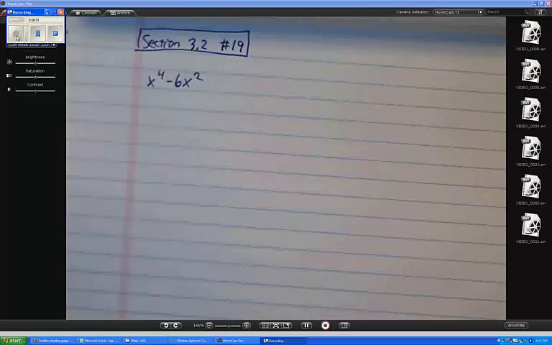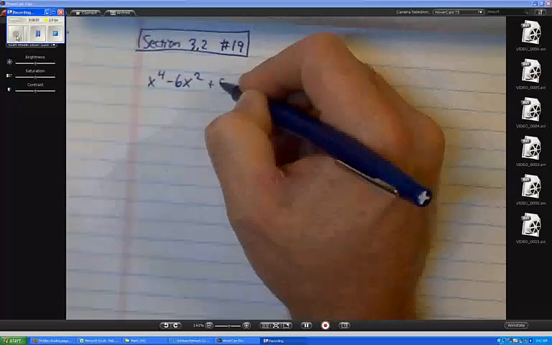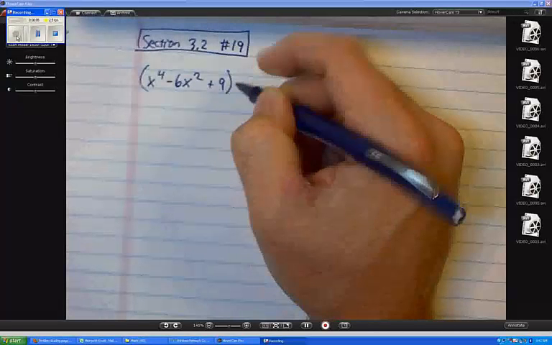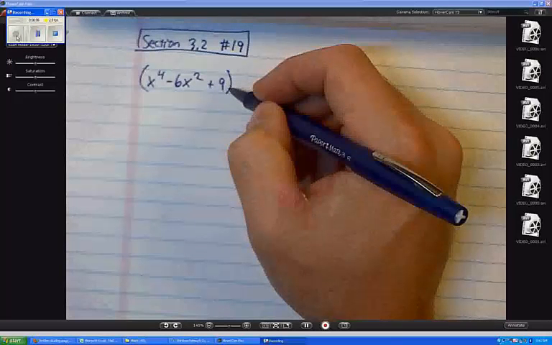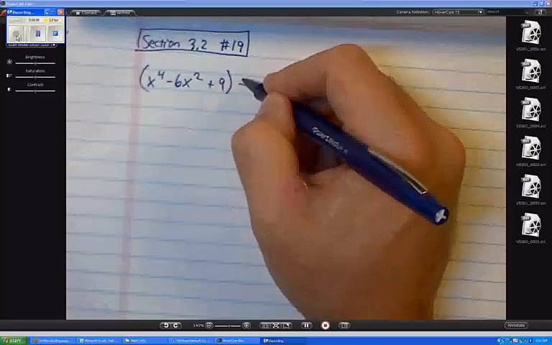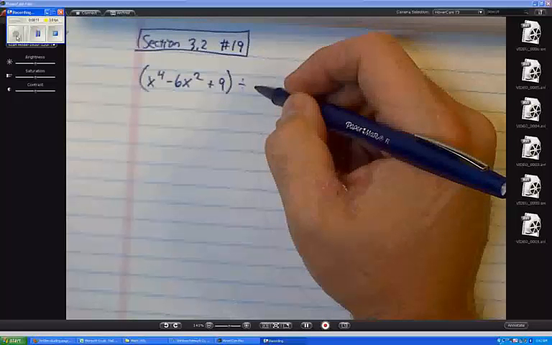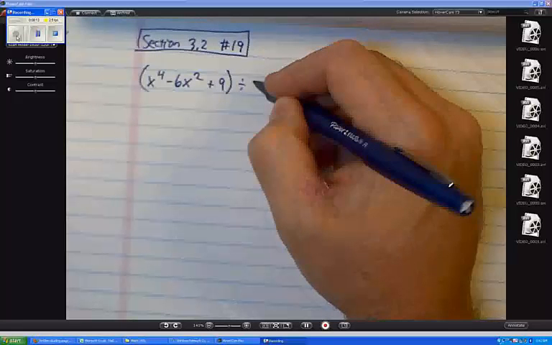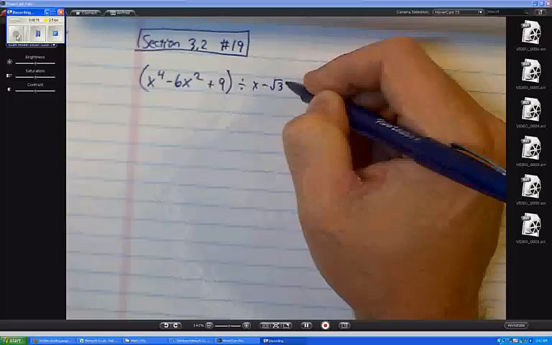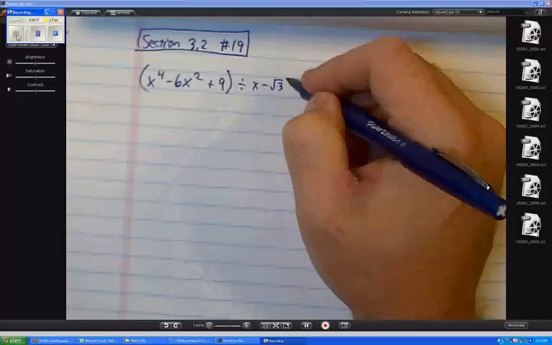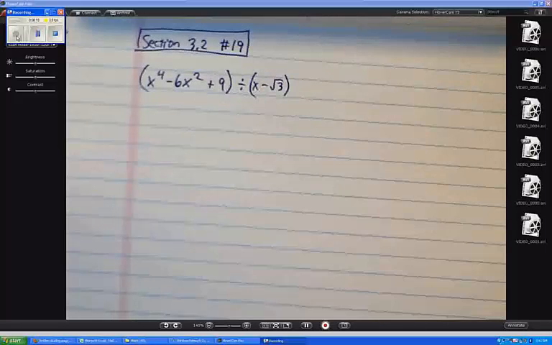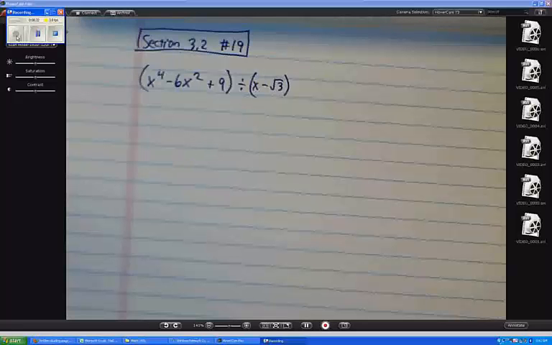X to the fourth minus 6x squared plus 9 is a polynomial. And I want to tell you that we can try to divide by x minus the square root of 3. Now, you might remember last time I showed you that you could set this up as a long division problem.